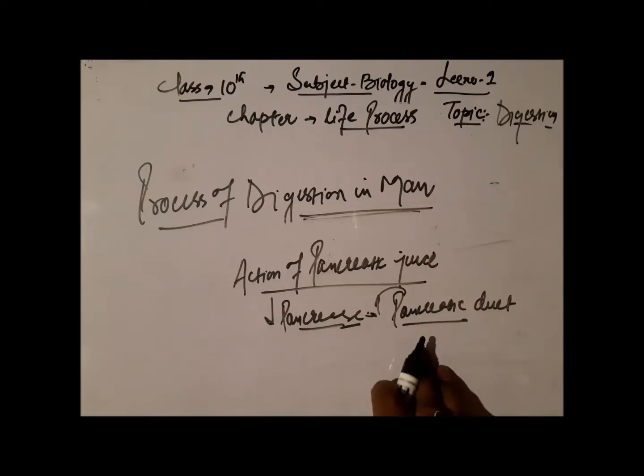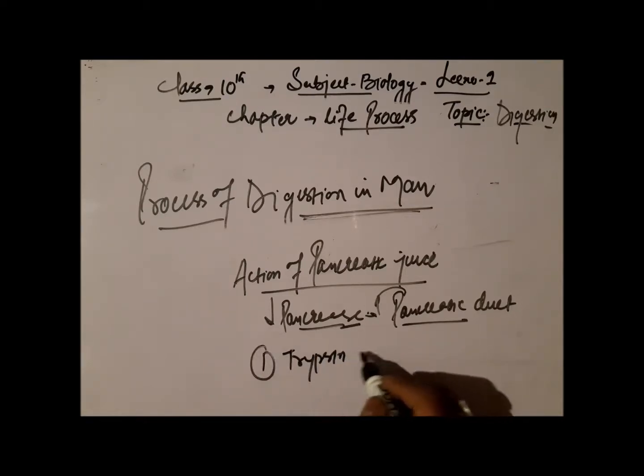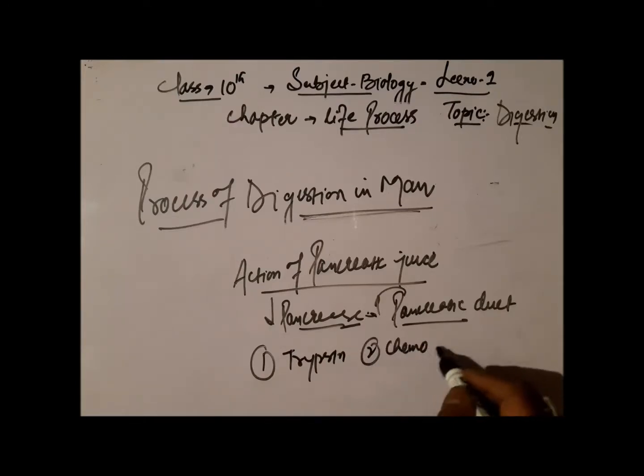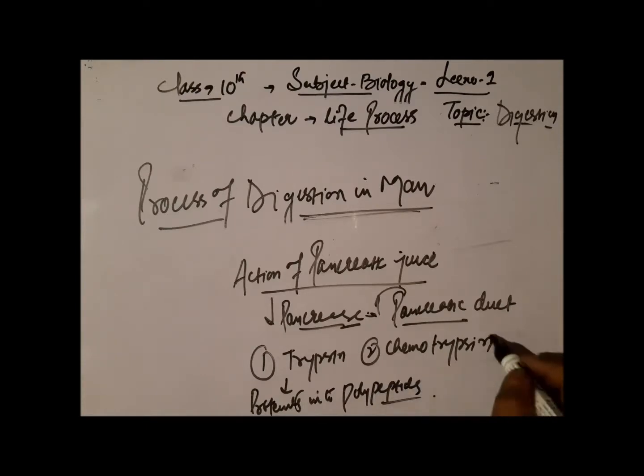All the enzymes are poured into the duodenum, and there are 4 enzymes, as we have already discussed. Number one is trypsin. Number 2 is chemotrypsin. Trypsin converts proteins into polypeptides. Chemotrypsin converts specific proteins into polypeptides.